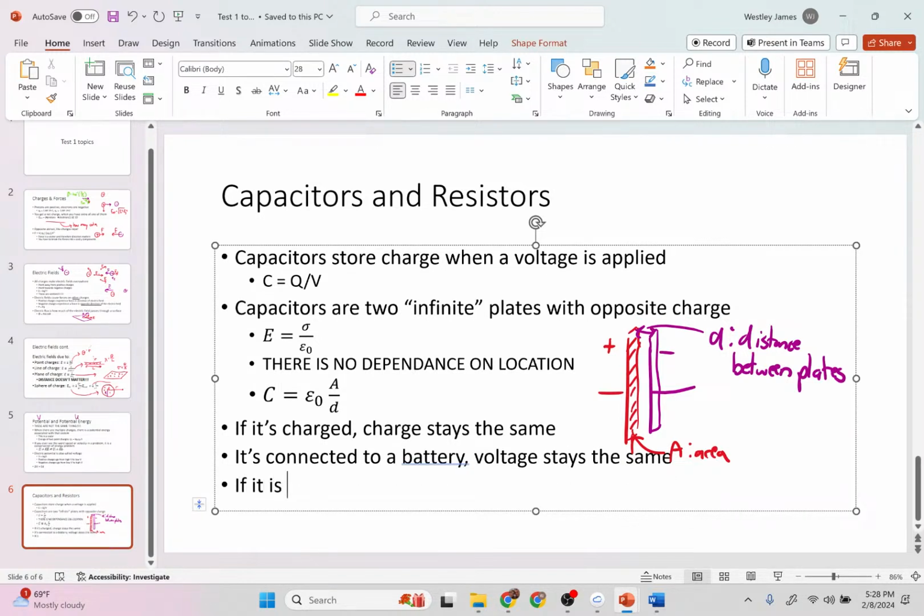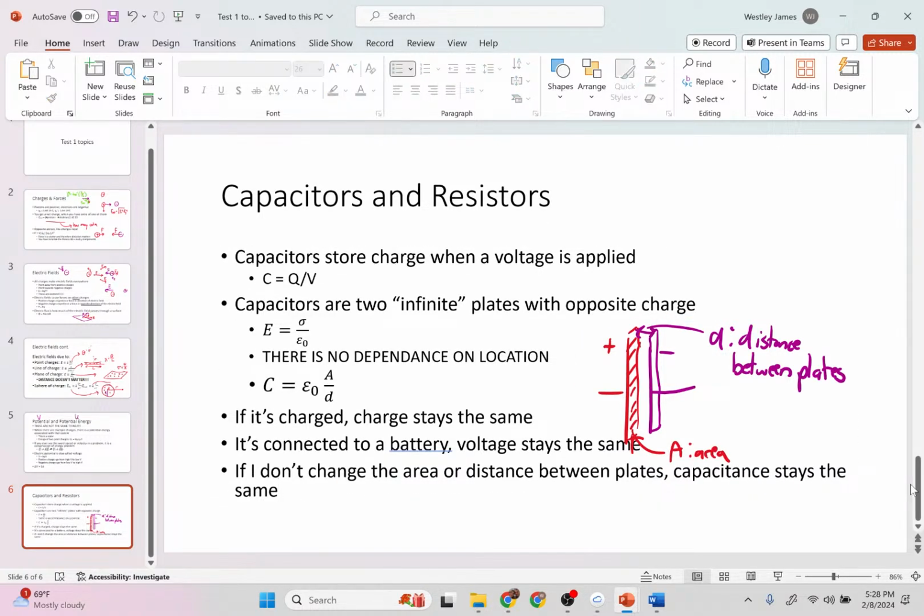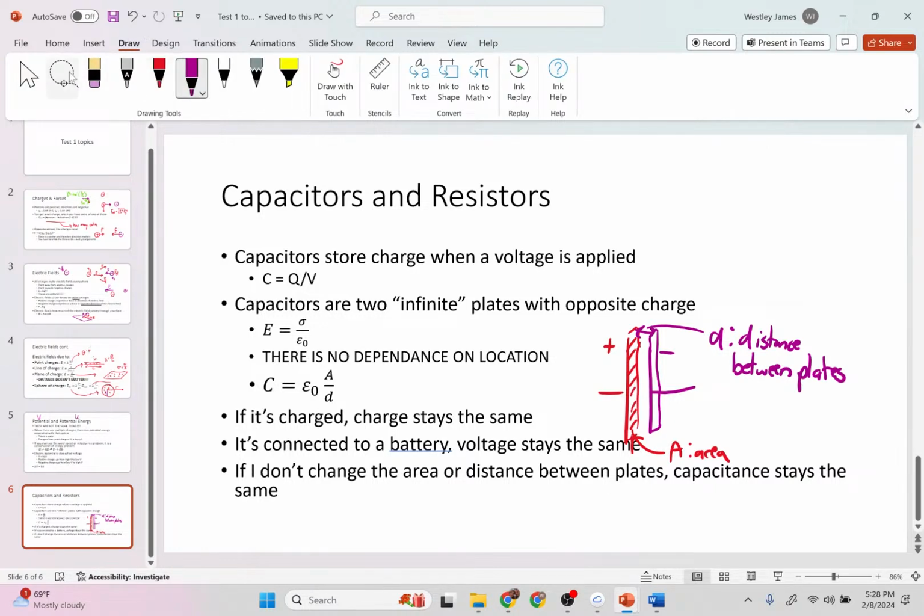If I don't change the area or distance between plates, capacitance stays the same. So that's the whole, if I disconnect a capacitor, chuck it across the room, it still has the same capacitance, assuming I didn't break it. All right, so that's all the things about capacitors.